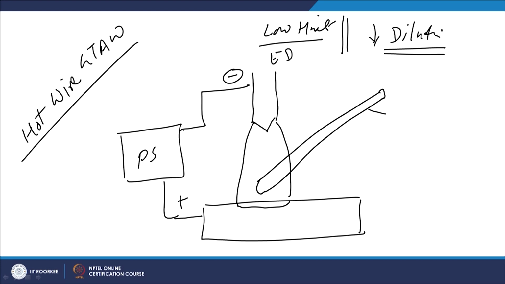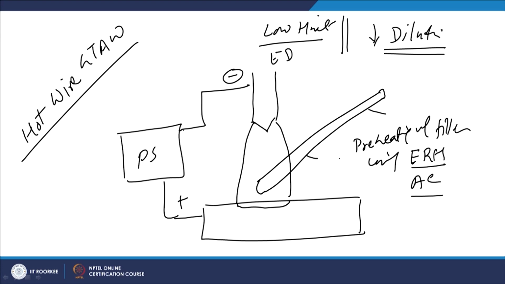This is so preheating of filler wire using electrical resistance heating with the help of alternating current. So, the filler wire is fed with the AC current in between before feeding it into the arc zone. So, this will be helping to preheat the filler wire with the use of AC. AC will be causing the electrical resistance heating of the filler wire.